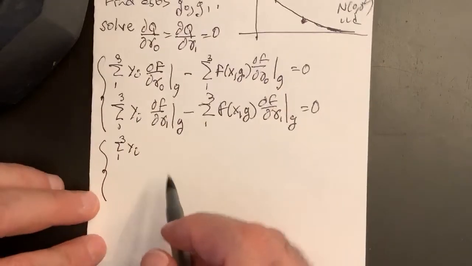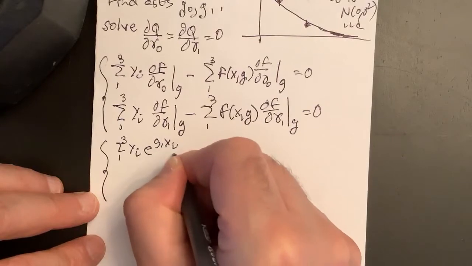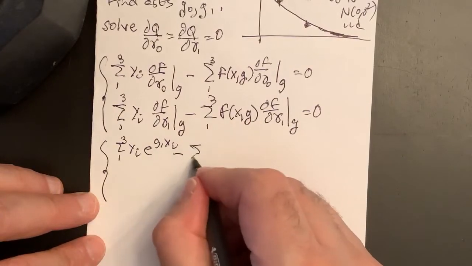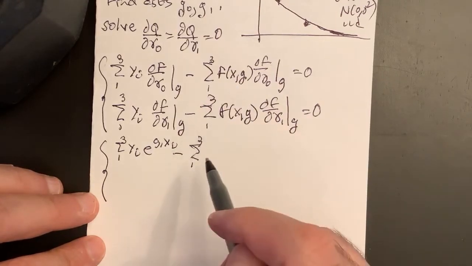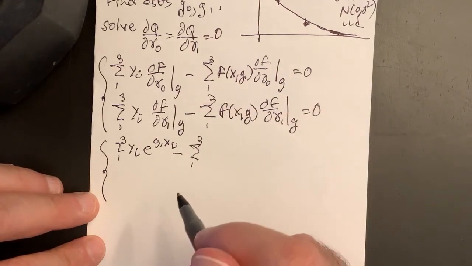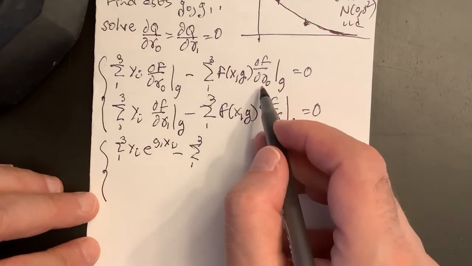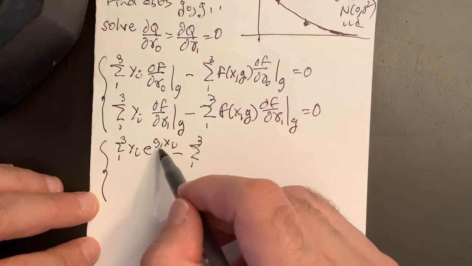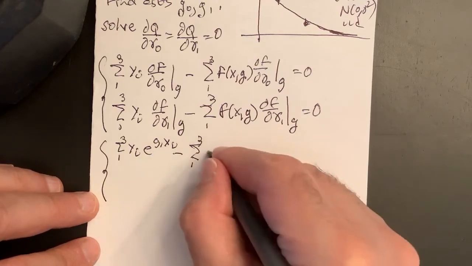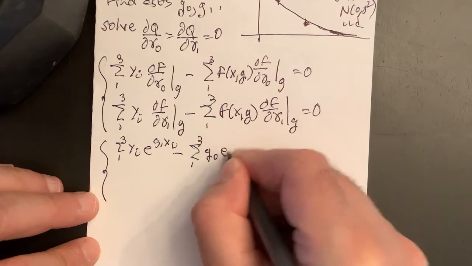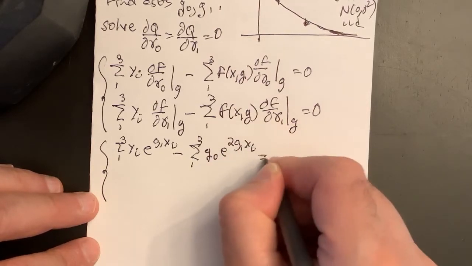So I have yi e to the g1 xi minus the sum 1 to 3 of the function, which is g0 e to the g1 xi, times, again, this partial term, e to the g1 xi. So I have g0 e to the 2g1 xi, equals 0.